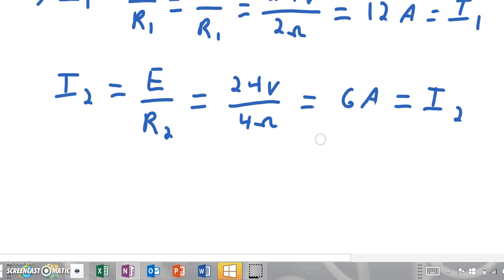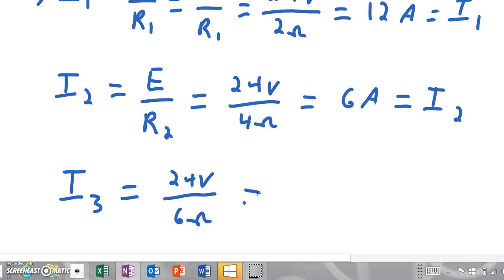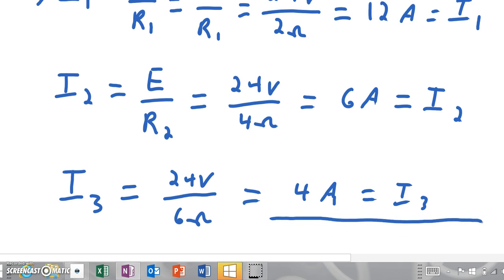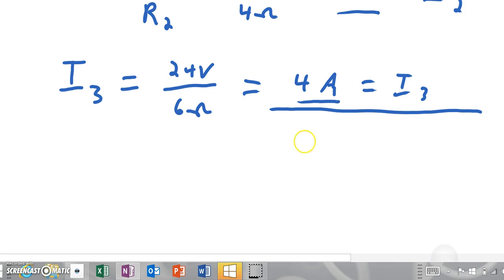Now we also wish to apply Ohm's law to I3, so we have 24 volts divided by 6 ohms, and that gives us 4 amps for I3. Now you'll notice that Kirchhoff's current law tells us that the sum I1 plus I2 plus I3 is equal to the total current in a circuit. So if we add up 12 amps plus 6 amps plus 4 amps, we will come up with 22 amps, which is the total current in the circuit.